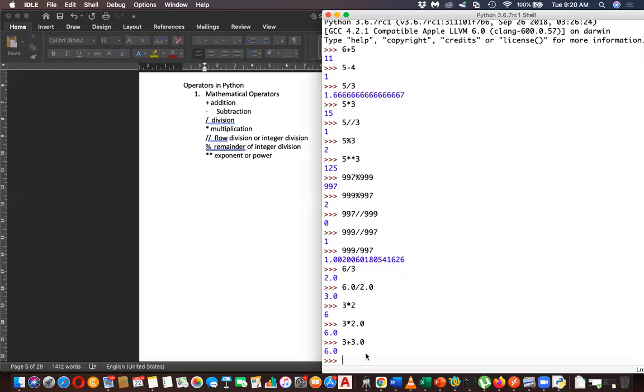So if you have a floating point number in your calculation, you will get the answer as a floating point number. On the other hand, division always returns a floating point number. These are some special points, right?